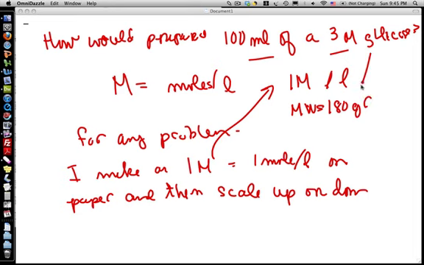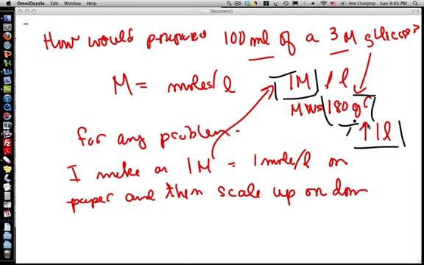So 180 grams for glucose, and I would dissolve it up to 1 liter. So on paper, I say I'm going to make a 1 molar solution. I'll weigh out 180 grams and dissolve it up to 1 liter. And so the first step is to make this on paper, and it just depends on the size of the molecule, how much we'd weigh out. And we're given the molecular weight like that.